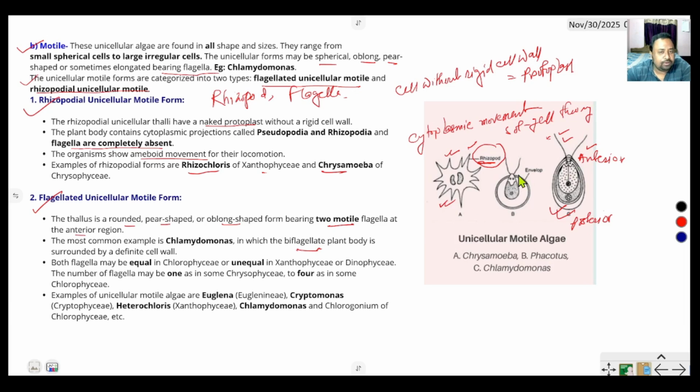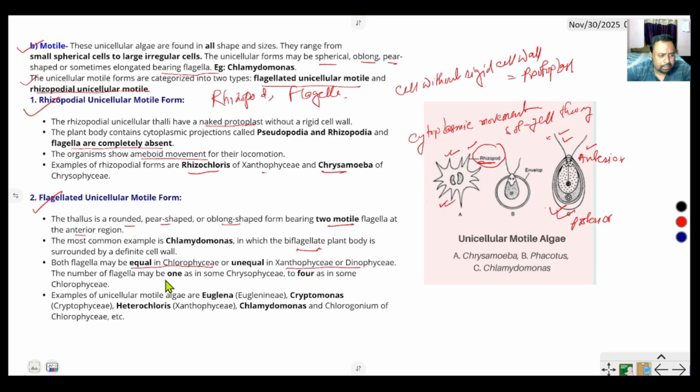So what is the difference between rhizopodial and flagellar unicellular motile forms? In the case of rhizopodial, there is no cell wall; protoplast is present. Here, a cell wall is present. Here, rhizopodia are present; here, flagella act as the locomotory organ. Both the flagella may be equal or unequal. In Chlorophyceae, both flagella are equal, but in Xanthophyceae or Dinophyceae, both flagella are unequal.